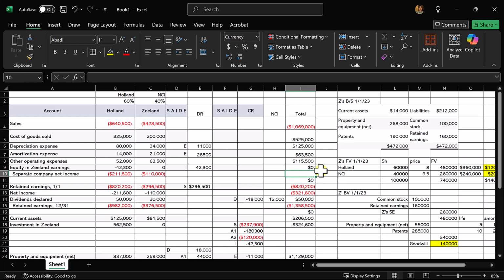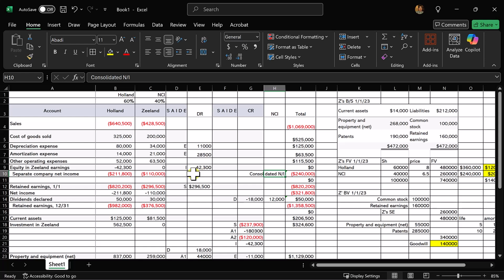Let's get rid of that bad answer and put in a new total here. So the consolidated net income is 240,000.